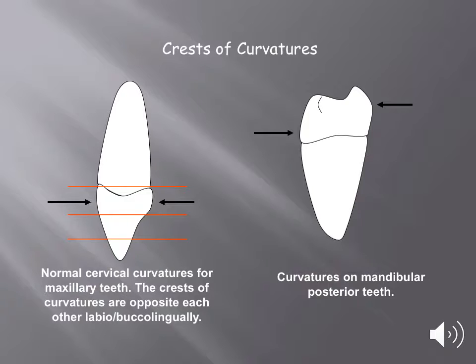Now, because of the curvature, because of the angulation of the mandibular teeth, the crest of curvature on the lingual surface of mandibular teeth is more towards the middle third of the lingual surface.